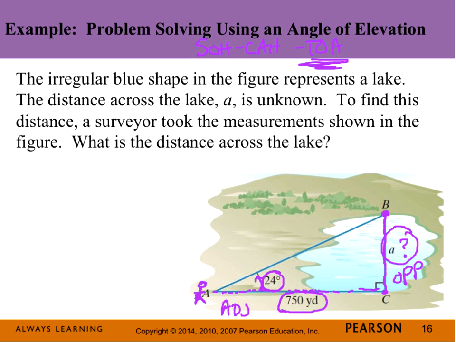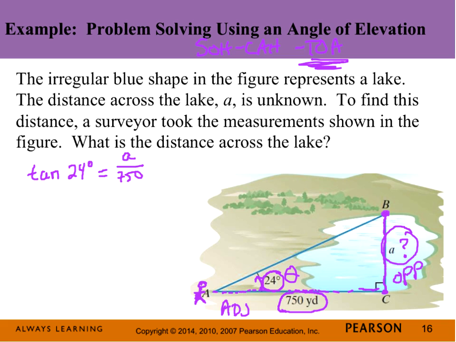Or we could use the cotangent, doing adjacent over opposite. It really doesn't matter. We'll just use the tangent since that's one of the basic functions instead of the inverse function. So we are aware now that the tangent of 24 degrees, so our angle theta here, is equal to opposite, which we don't know, A, over our adjacent side, 750 yards.